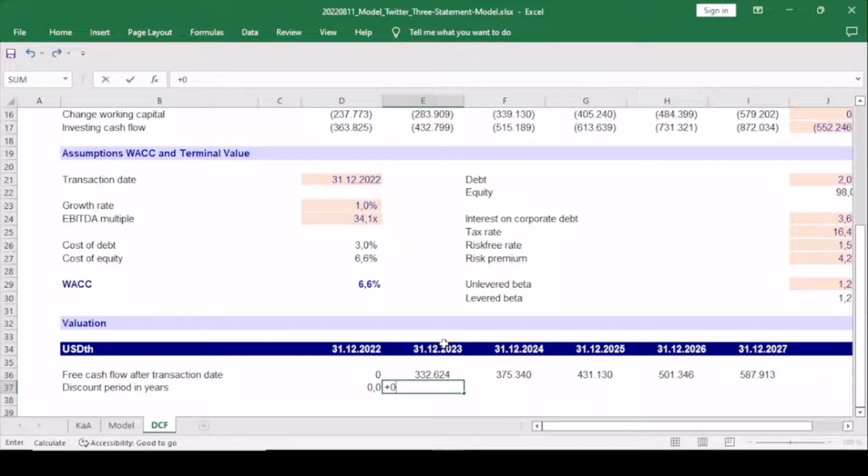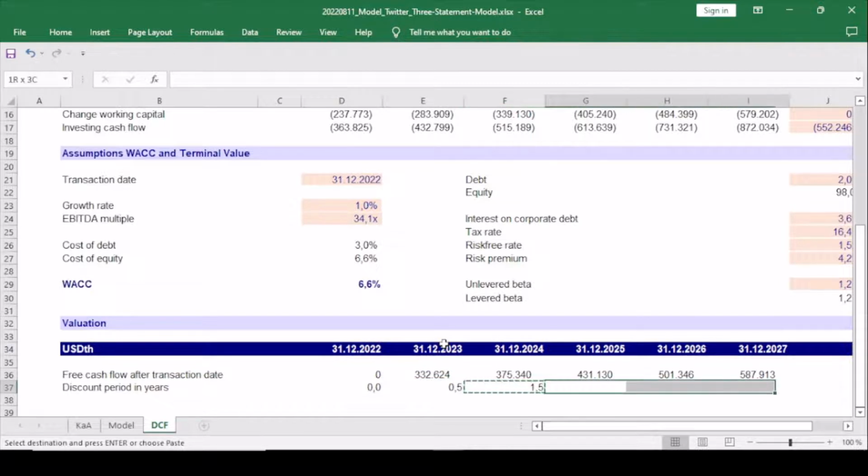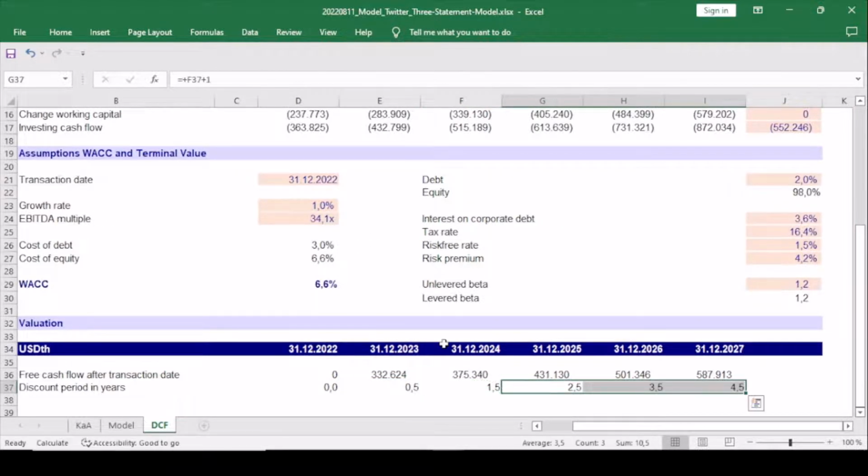So this so-called mid-year convention has a somewhat flattening or smoothing effect on the cash flows.